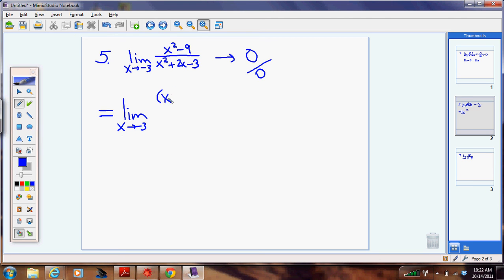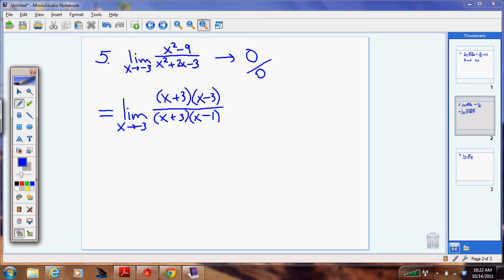Factoring, we get x plus 3 times x minus 3 in the numerator. In the denominator, we get, I should have factored this ahead of time, but it's not too hard, x plus 3 times x minus 1. Now we notice that we have the same factor in the numerator and the denominator.